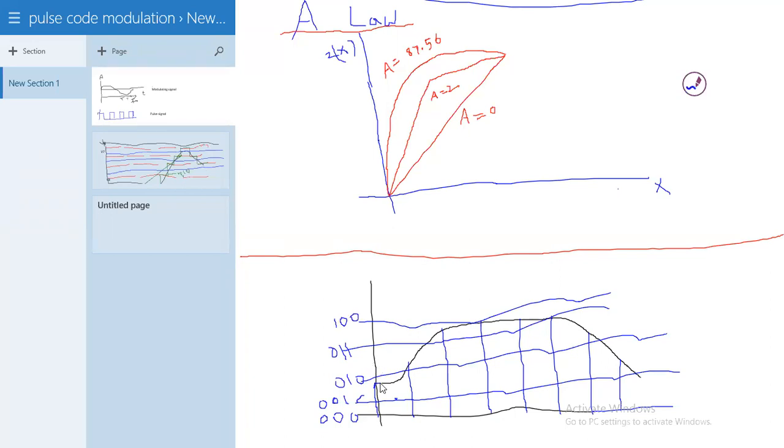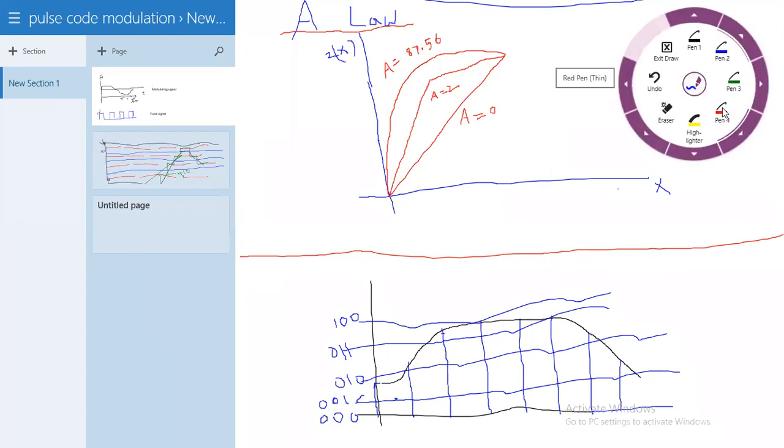For the first sample, the value is 0 1 0. For this one also 0 1 0. For this one, I am asking, considering these sample values.